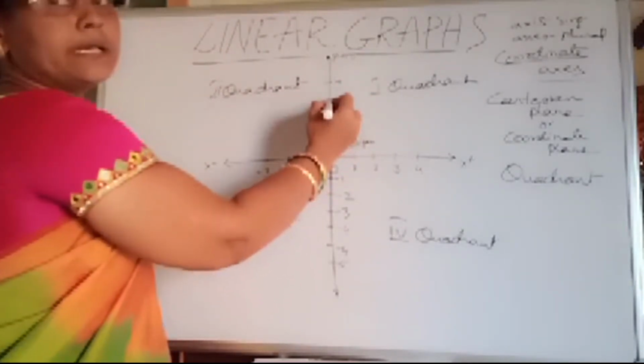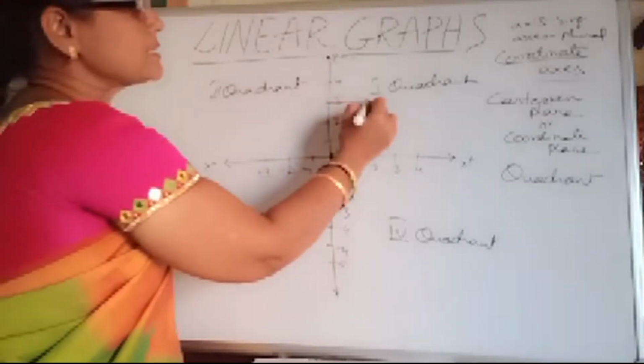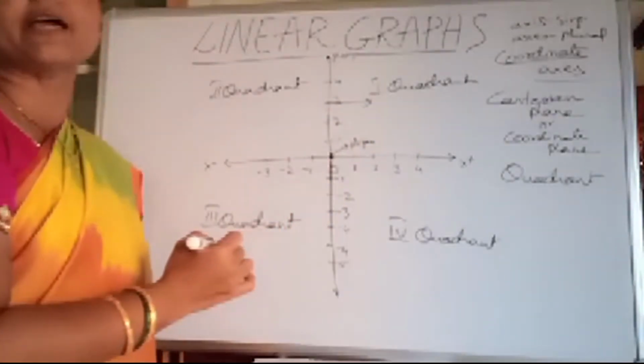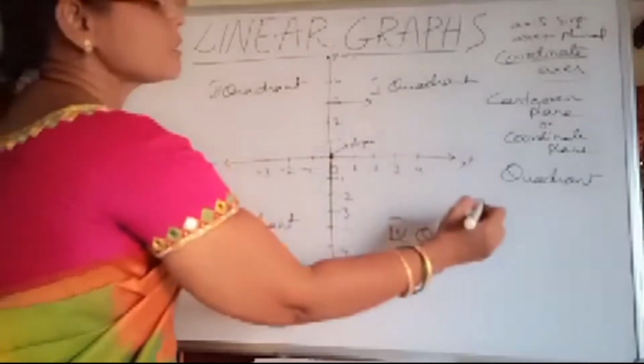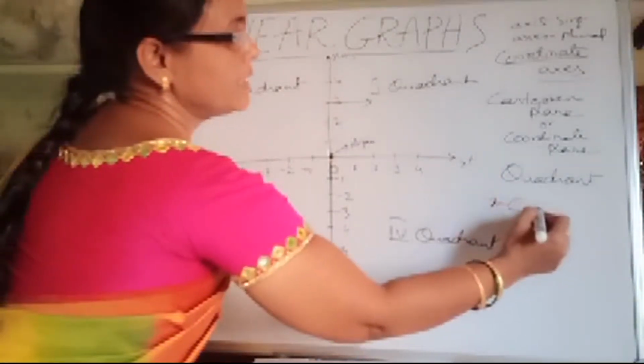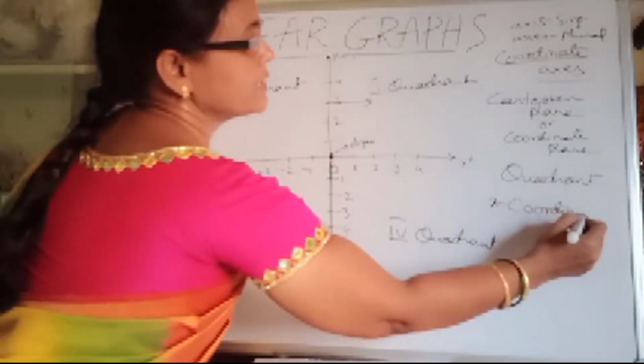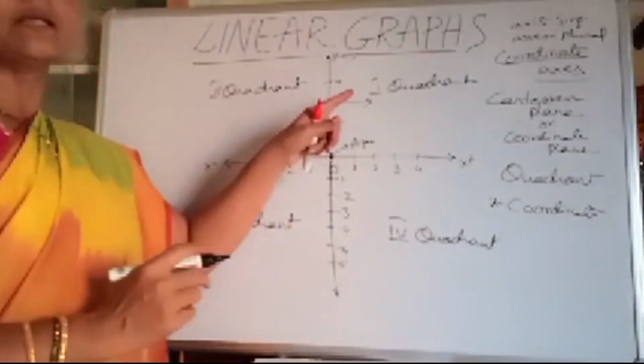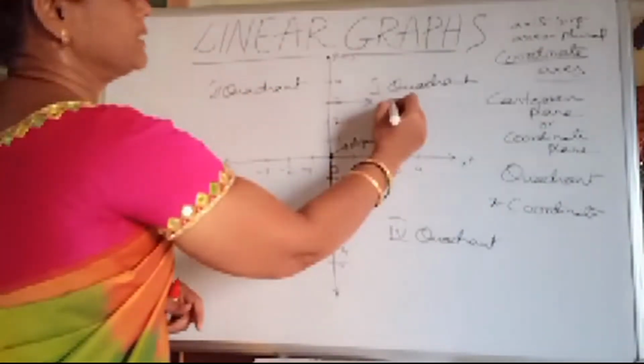The horizontal distance of the point from the y-axis is called the x-coordinate.